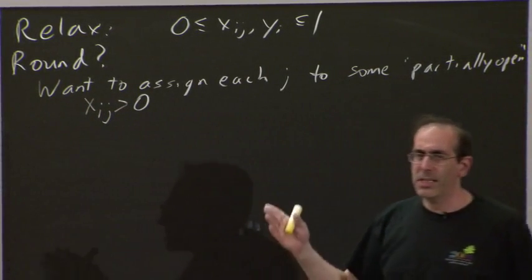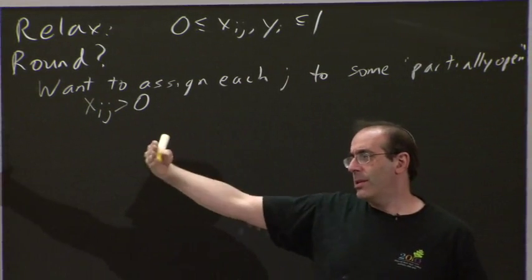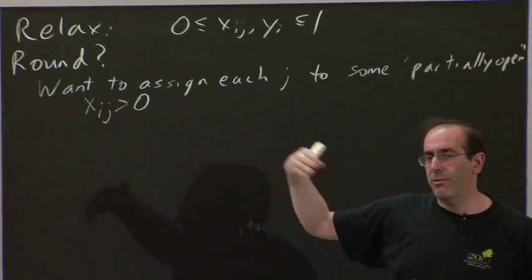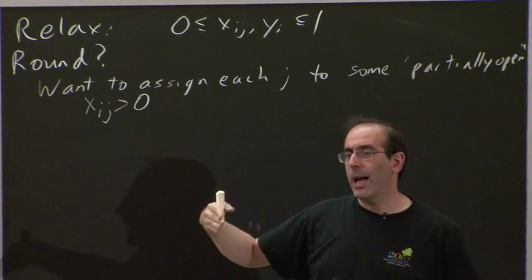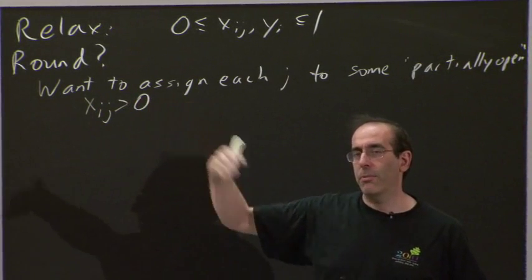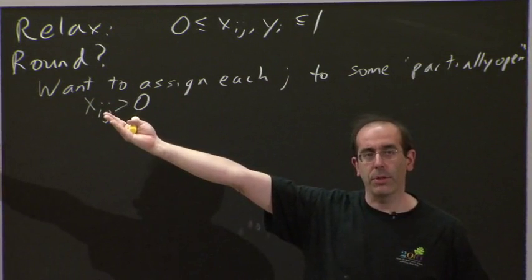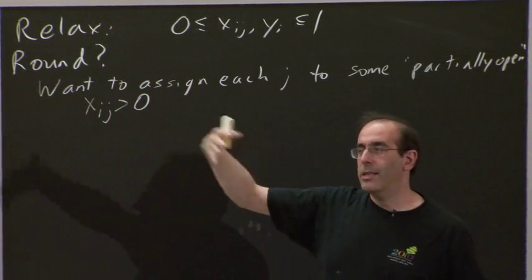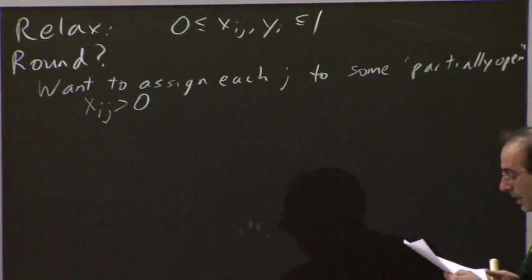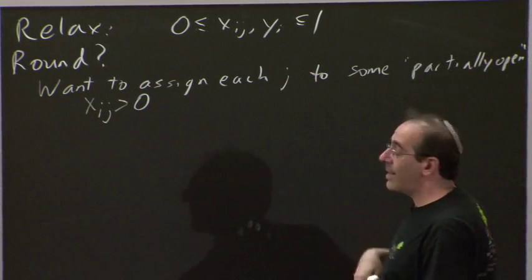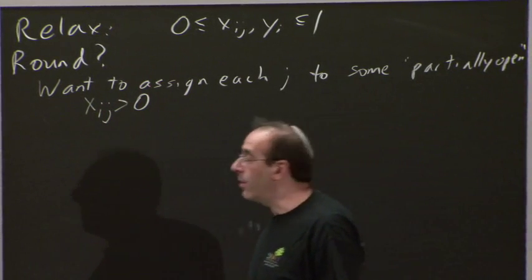So we're trying to use the relaxation for guidance. It would be really kind of weird if we took some client and assigned it to a facility that it wasn't using at all in the fractional solution. We're going to say, let's use the fractional solution to steer us in the assignment. So take these xij's that are positive, and let's assign j to one of those.